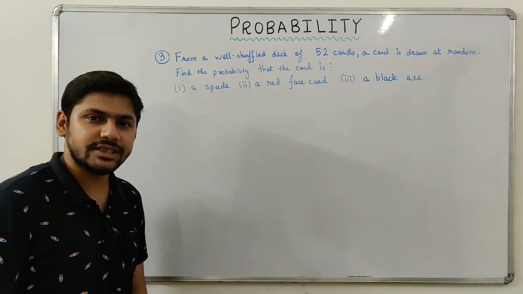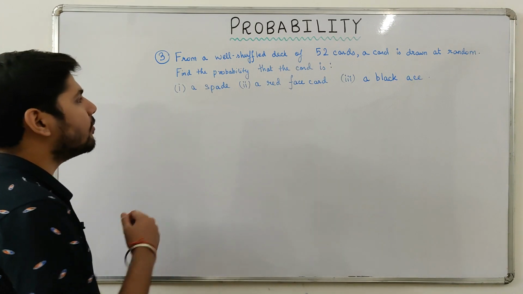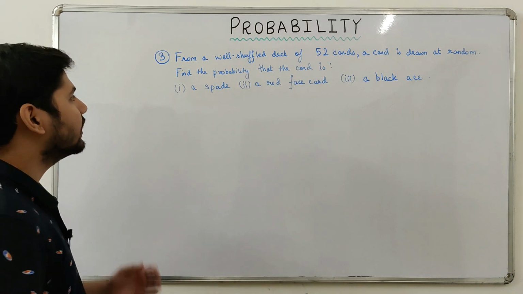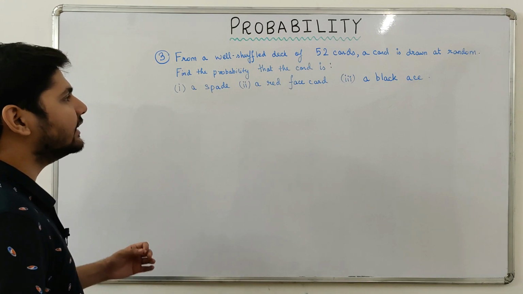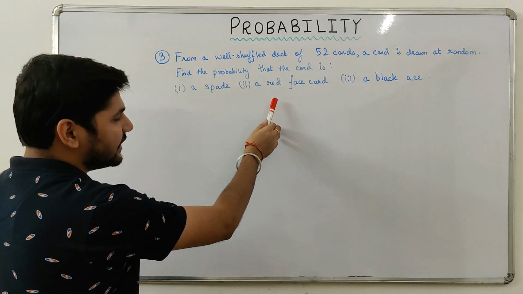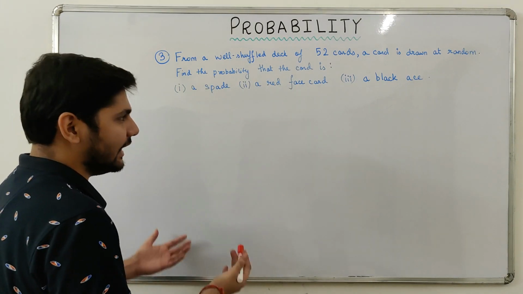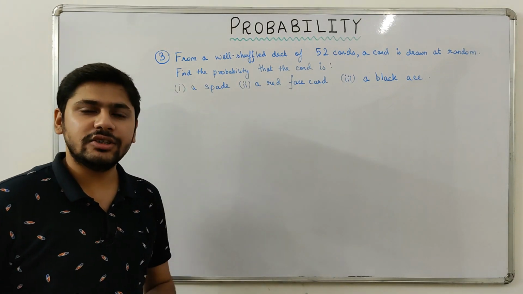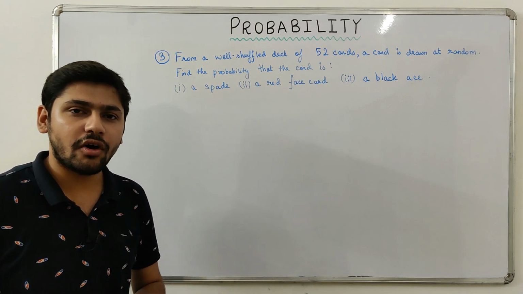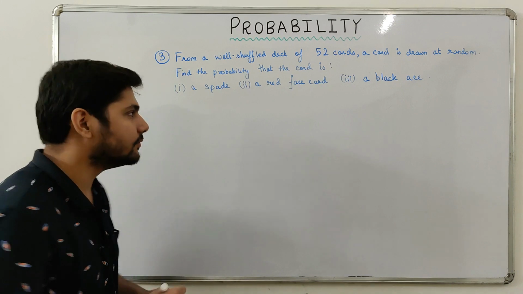Moving on to the third question, we have, from a well shuffled deck of 52 cards, a card is drawn at random. You have to find the probability that the card is number 1 a spade, number 2 a red face card, and number 3 a black ace. In this question also, the first thing that we will do is find the total number of possible outcomes.